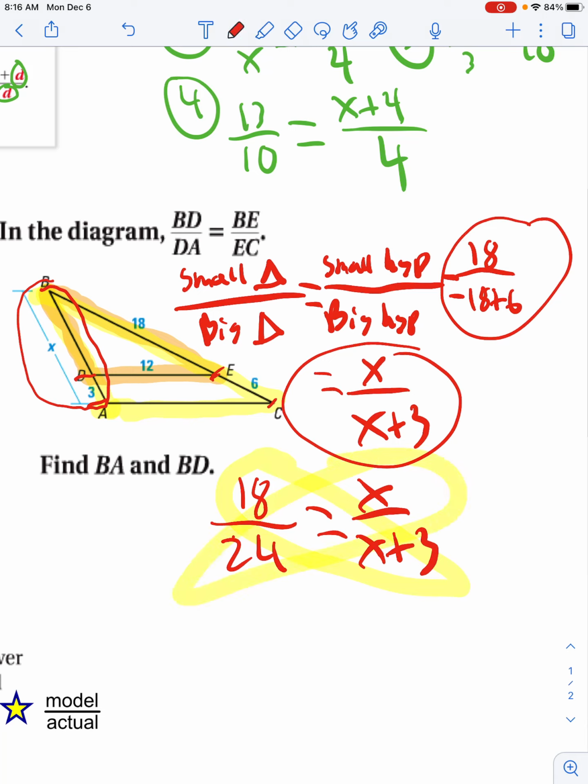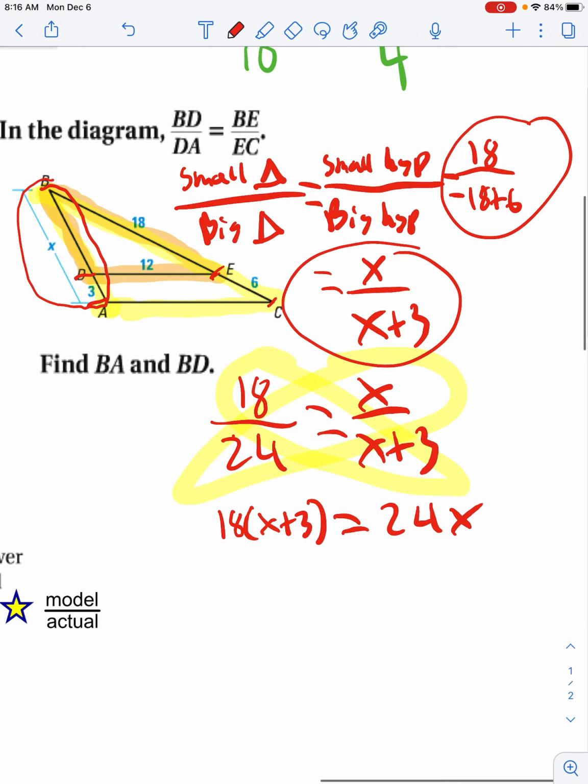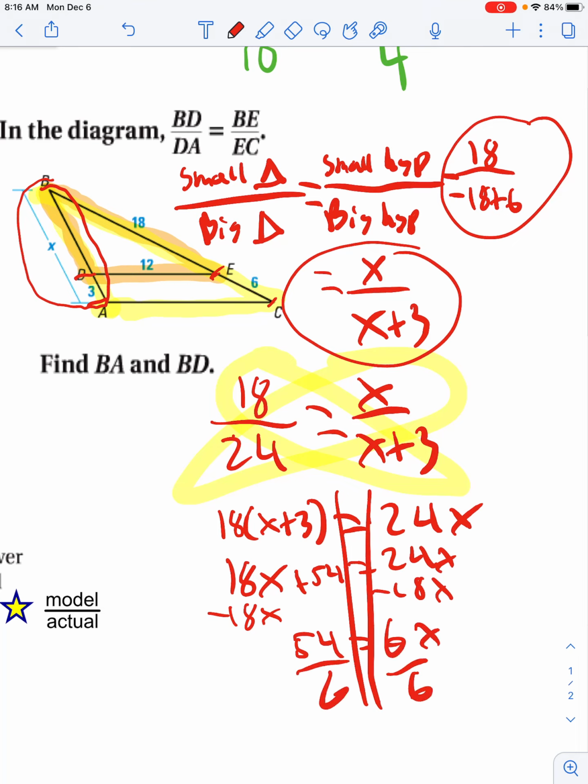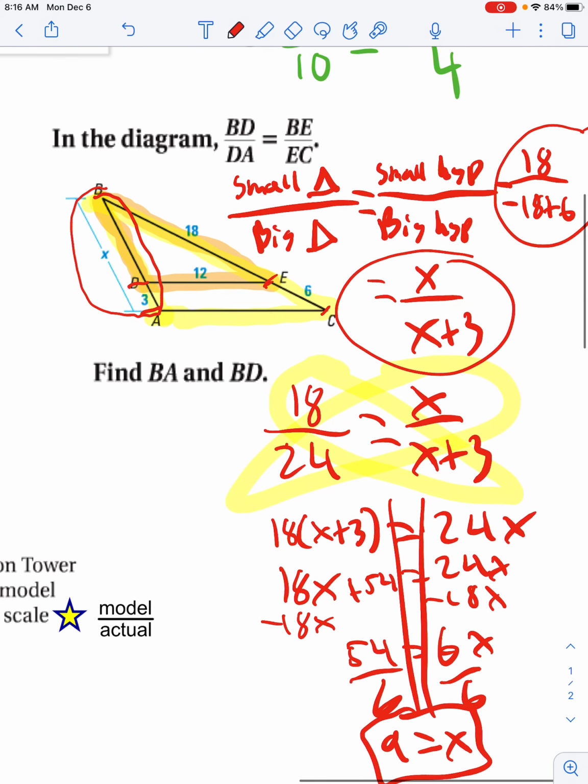Cross multiply. 18 times X plus 3 equals 24X. 18X, 18 times 3 is 54. I'm going to get my X's together. 54 equals 6X, divided by 6, and X equals 9.